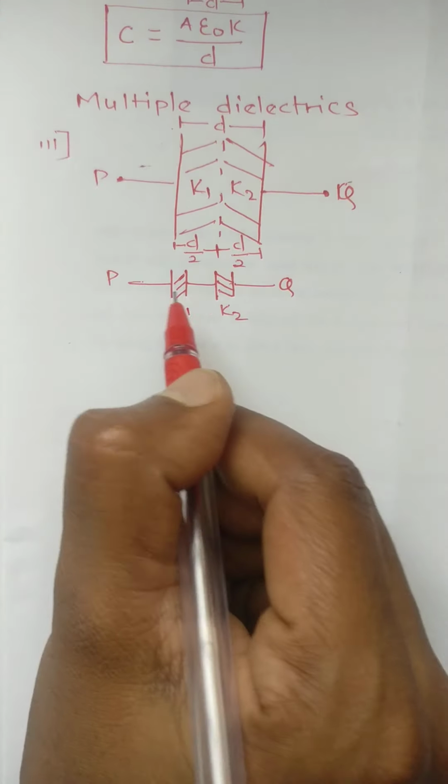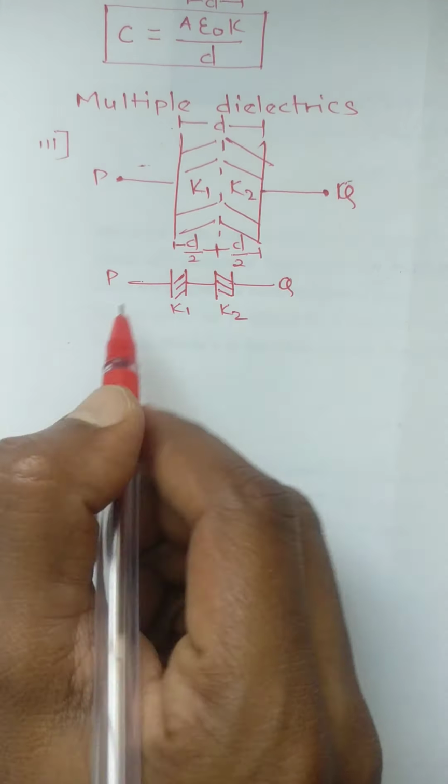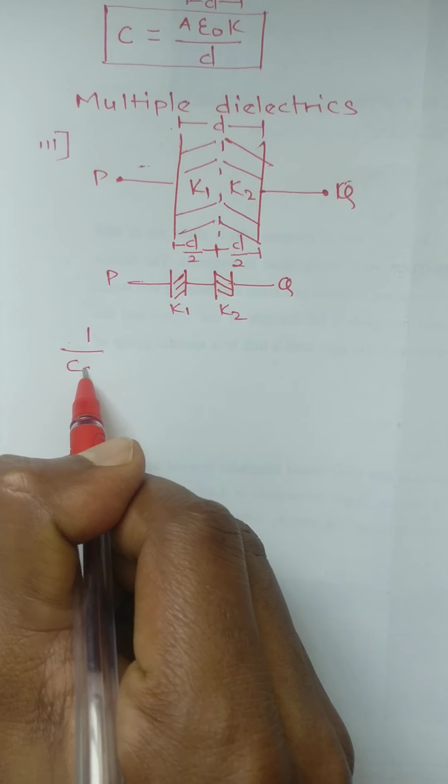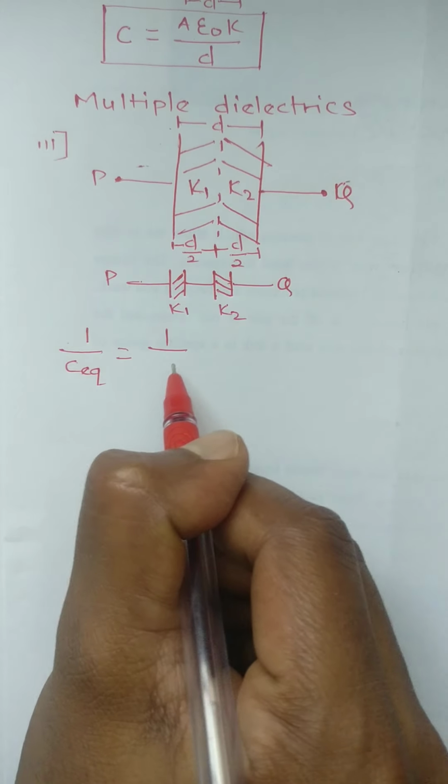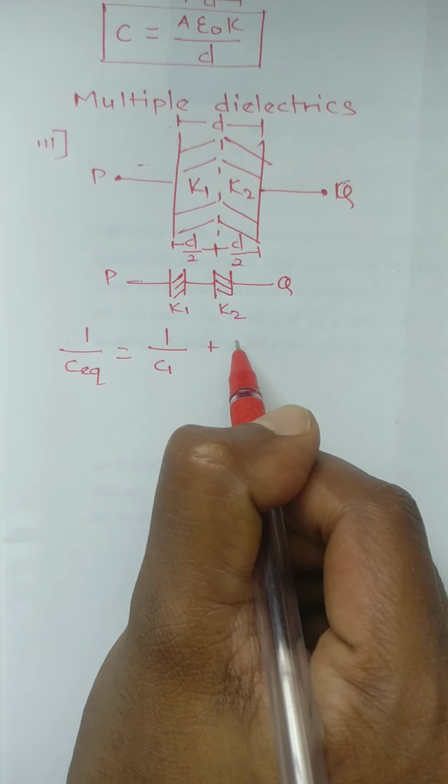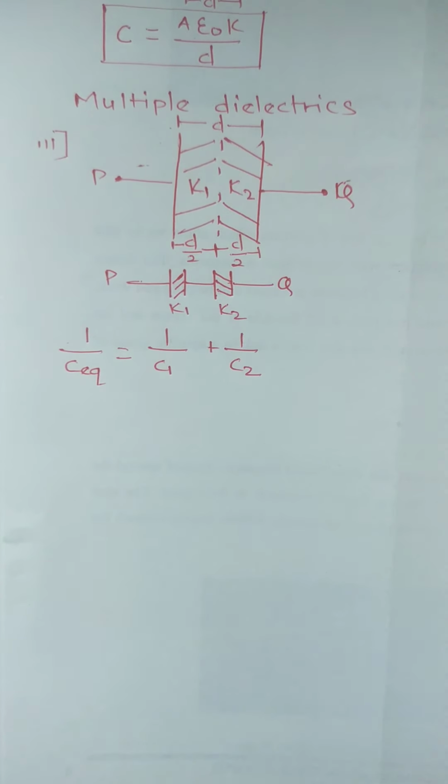Now to find the equivalent capacitance, 1 upon C equivalent is equal to 1 upon C1 plus 1 upon C2, the series combination of capacitors.